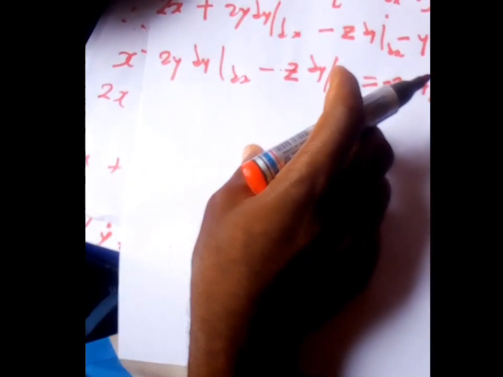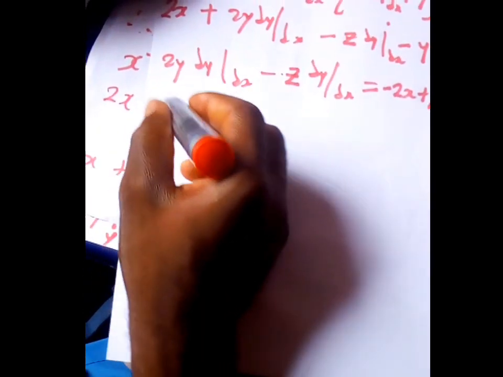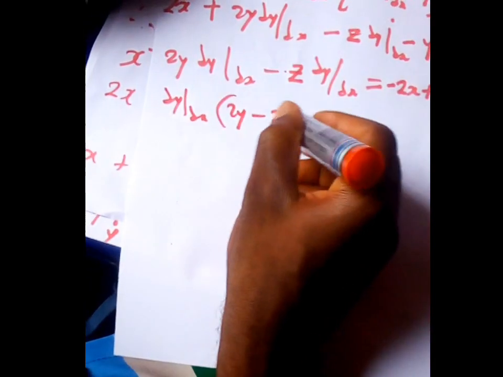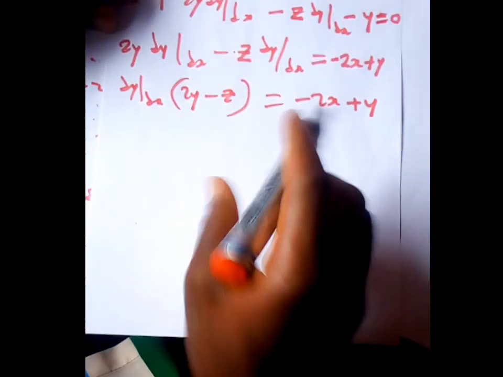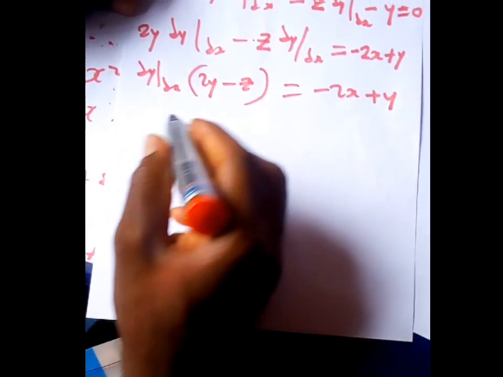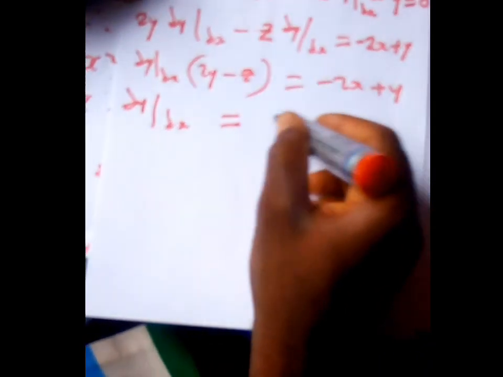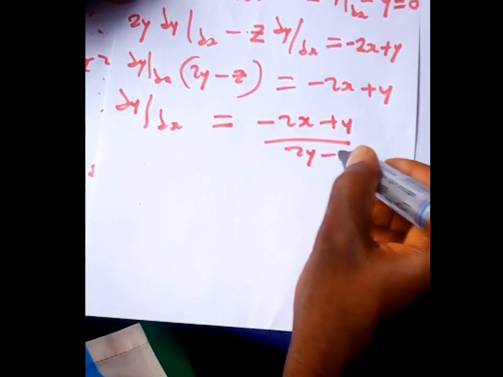Now by factorizing, that is by bringing together the common terms, we'll be having dy dx into 2y minus x equals minus 2x plus y. To obtain our dy dx, we have to divide both sides by the coefficient of dy dx, and by doing that, we'll be having our dy dx equals minus 2x plus y all over 2y minus x.